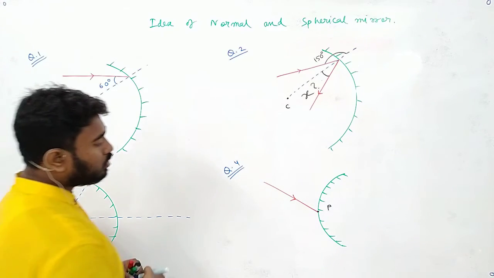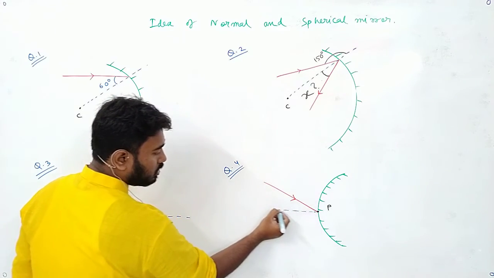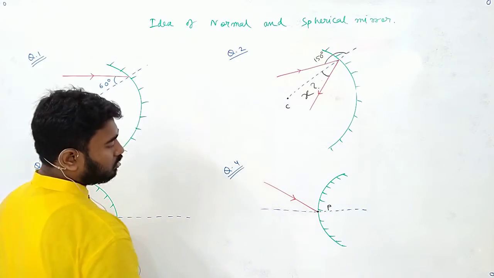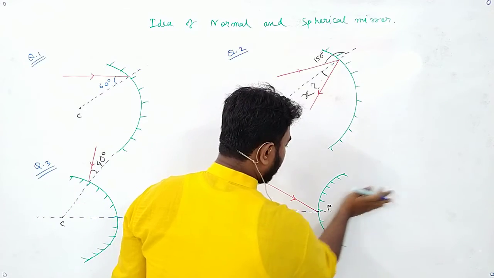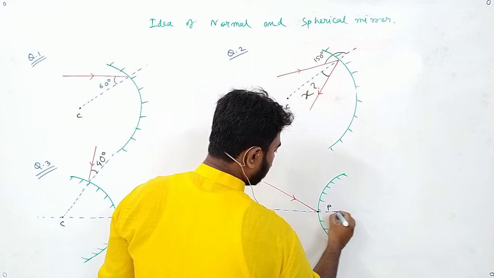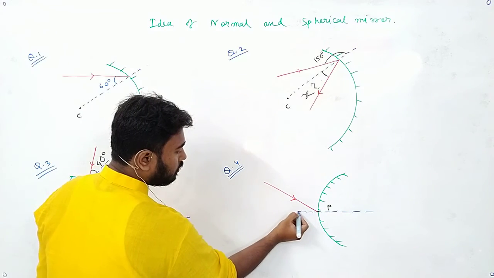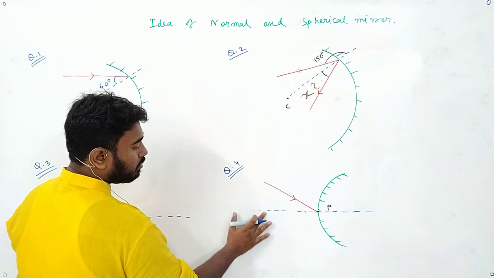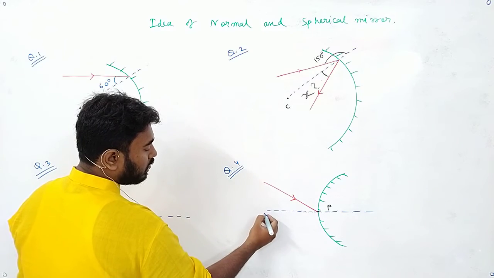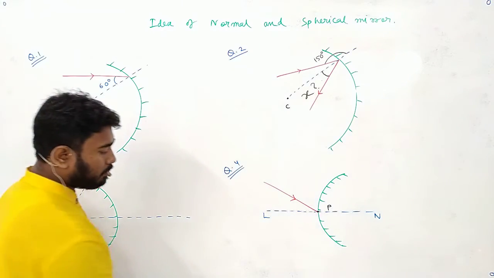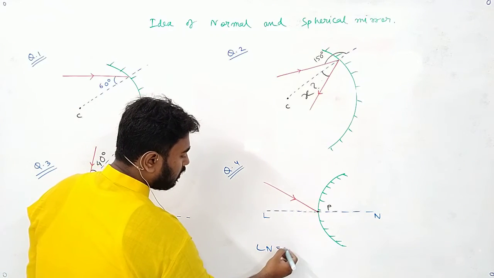We have just drawn a line and we told that this line is actually the principal axis. If we say it as LN, this LN is a principal axis.